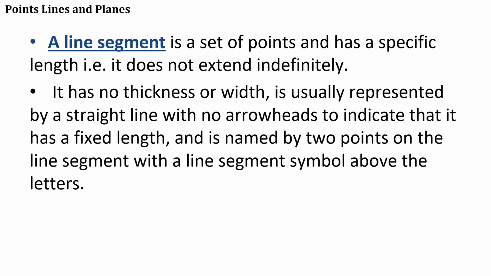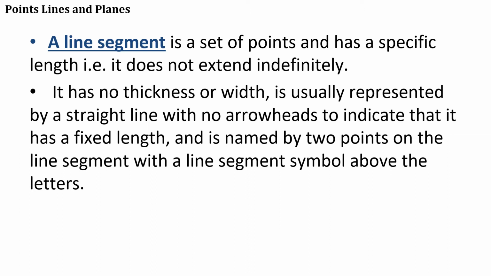A line segment is a set of points that has a specific length. It does not extend indefinitely. For example, if I have a line, I can say I just need that part of a line, and that little part that has a beginning and an end, that is going to be my line segment.